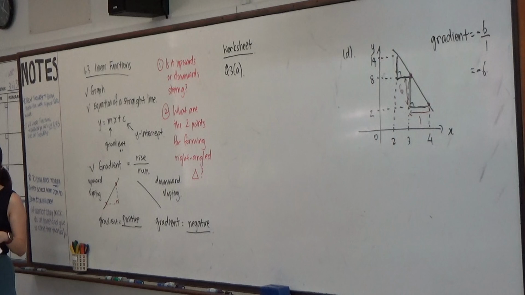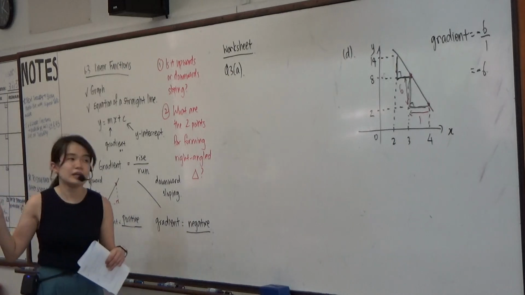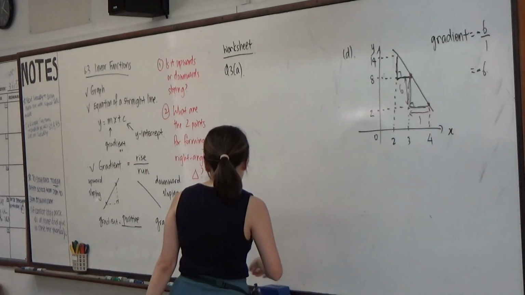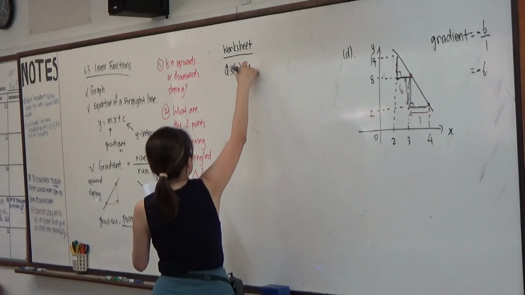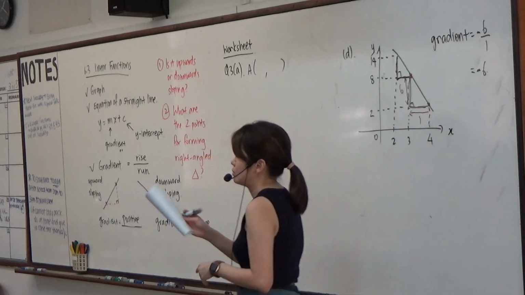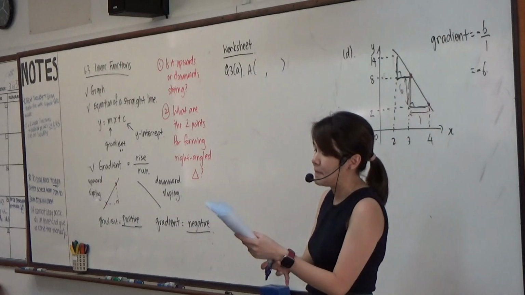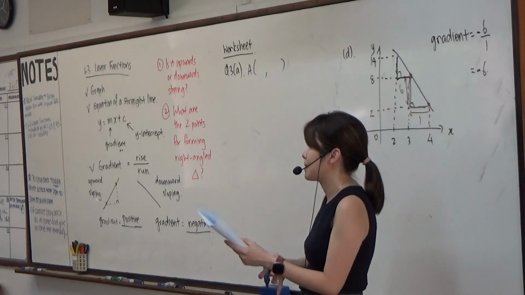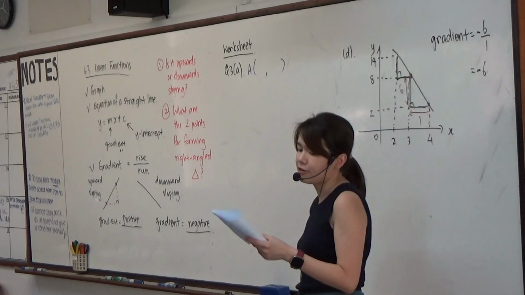Ready? Can I call a name? I think Joshua is the last one. Can you tell me what are the coordinates of A in your sheet? What's the coordinates of A?